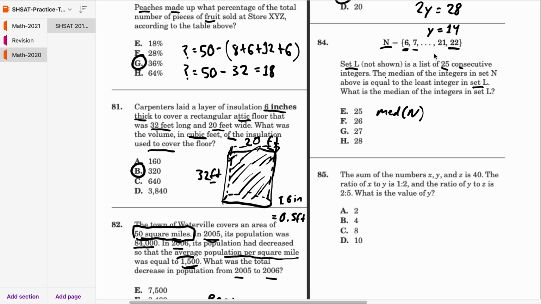We want to find the average. Now the average isn't always the median, but given that these numbers are consecutively spaced, in this case it will be the median, but only because these numbers are consecutively spaced. Otherwise, the mean isn't necessarily equal to the median.